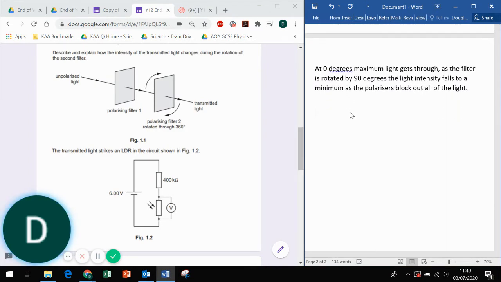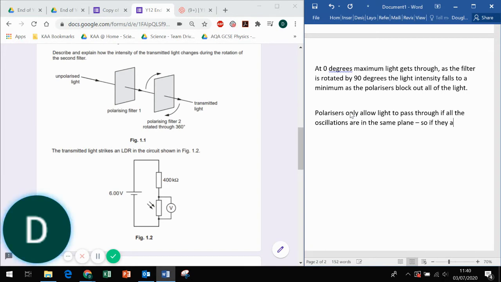It tells us to explain how polarizers work. So I'd say something like: polarizers only allow light to pass through if all the oscillations are in the same plane.